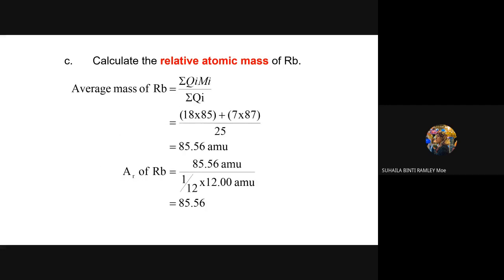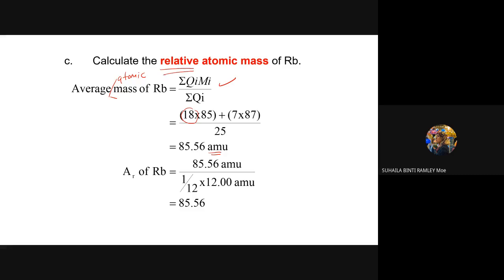So we use the formula for average atomic mass, summation of KiMi over summation of Ki. They still use the ratio, or you can also use the percentage that you calculated in part B. We get 85.56 AMU.